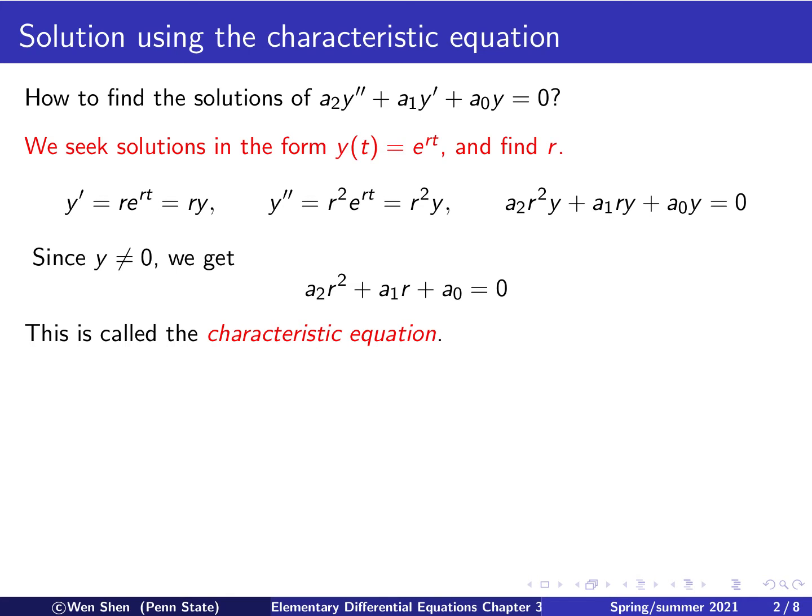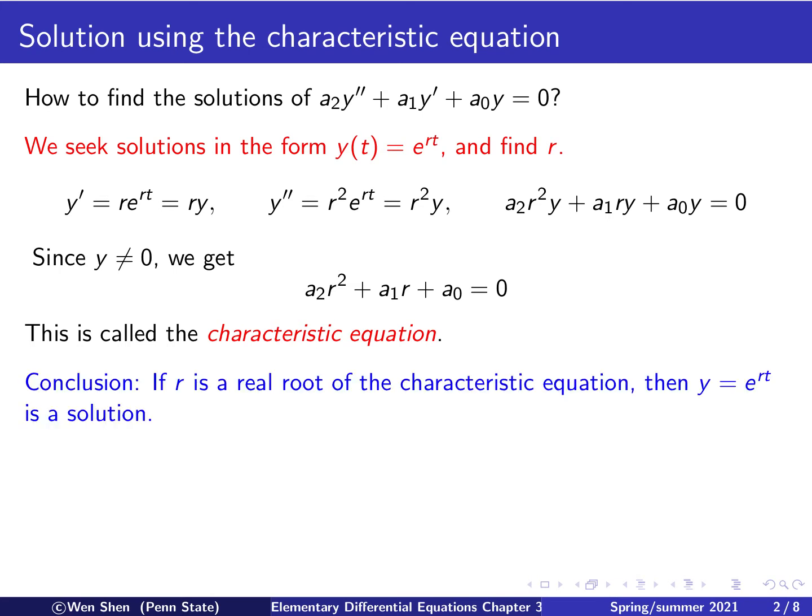So you can take the three coefficients you already have in the equation, and in the place of y double prime you put r squared, in the place of y prime you put r, and where you have y you put 1, and you form the characteristic equation.